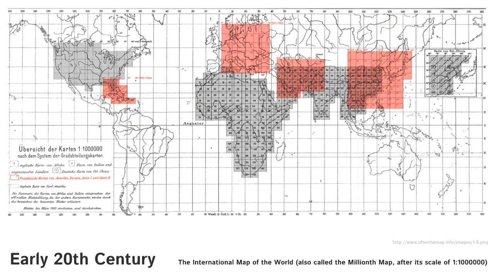And mapmakers in the early 20th century were consumed with this idea of how do we create a consistent space across all locations on the global map. And the scale needs to be consistent, the actual look of the maps needs to be consistent, and there was a real push to produce this common vision of the world.